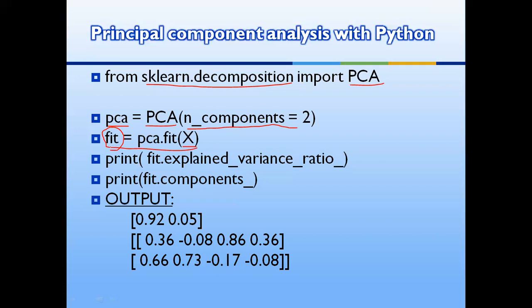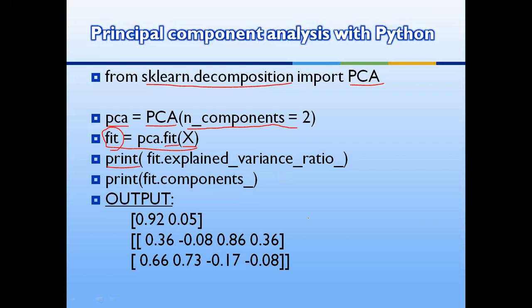After calculating these eigenvectors, note that these are inbuilt methods. We are not using mathematics here to calculate the eigenvectors or the covariance matrix. These are ready-made methods available in the Scikit-learn library, right? So once you have calculated these eigenvalues and eigenvectors with the help of the fit function, we can print them. So fit.explained_variance_ratio_.